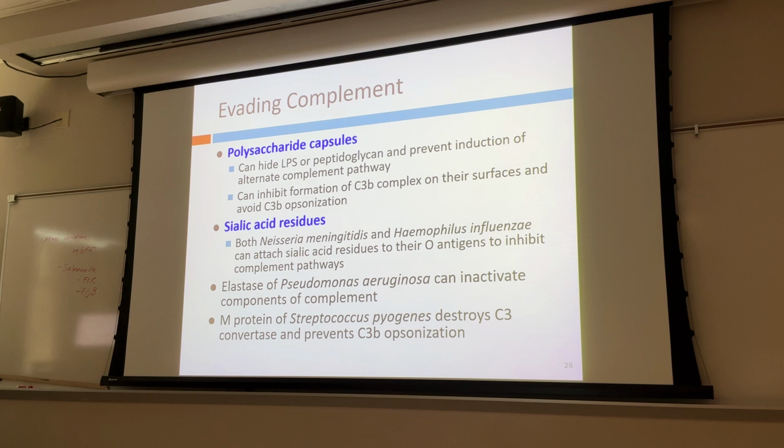Pseudomonas can make elastase, which inactivates different components of complement. Streptococcus pyogenes, which is group A strep, pretty much the main member of group A strep is pyogenes, makes an M protein that can destroy different components of the complement pathway. One of the things I want you to get from that is to look at what it's targeting. Remember I told you I didn't want you to know the components of the complement pathways, just the breakpoints.